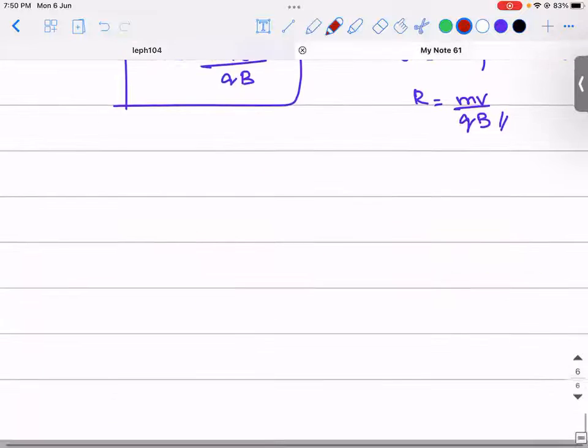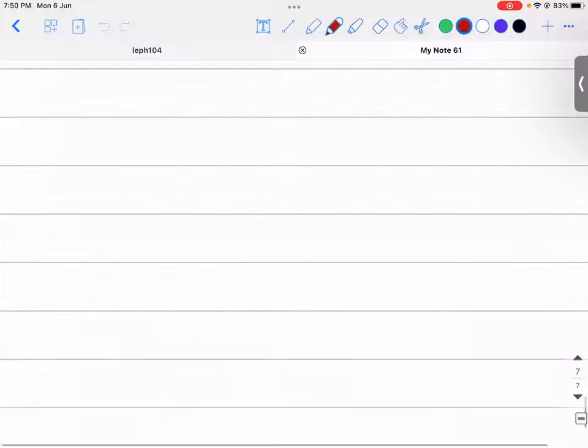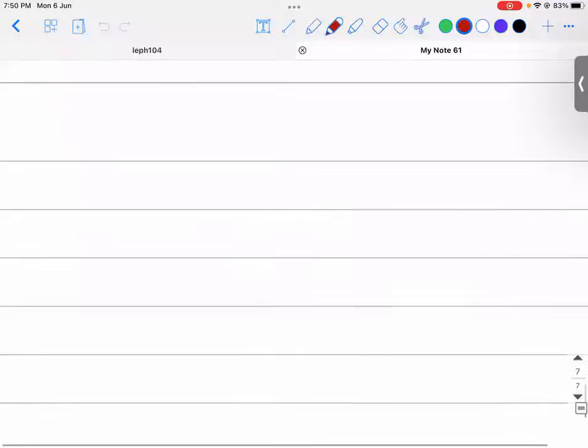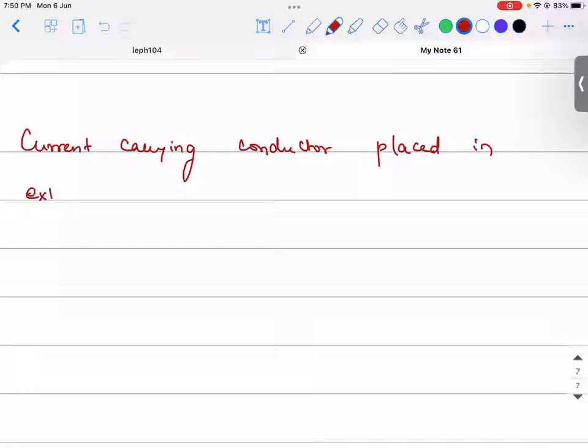So write down the next heading as current carrying conductor placed in external magnetic field.